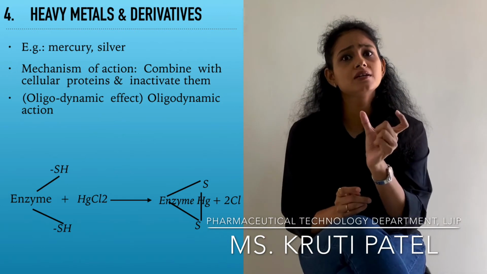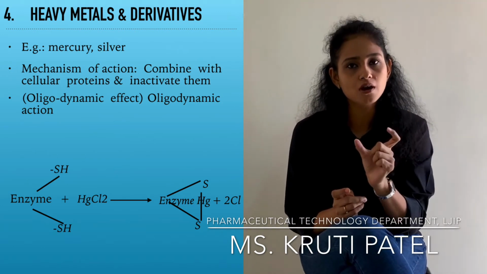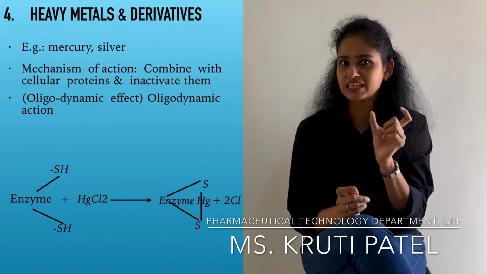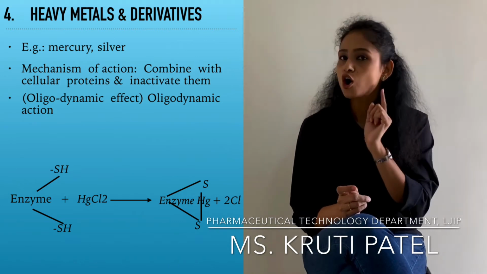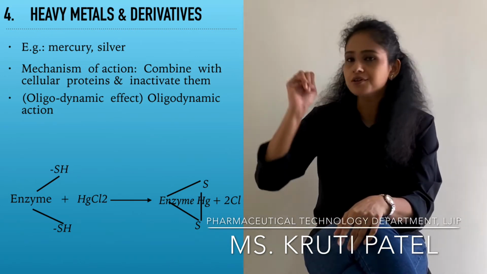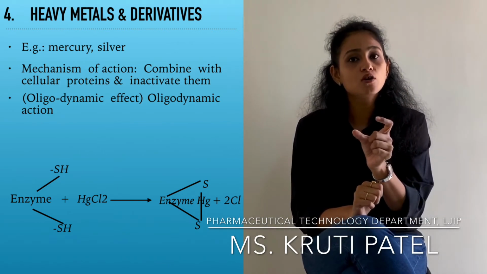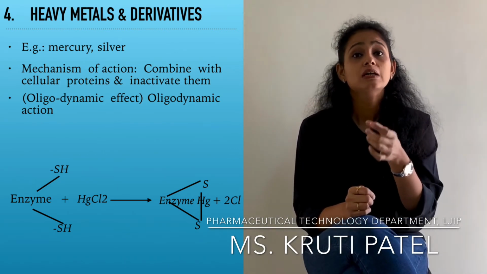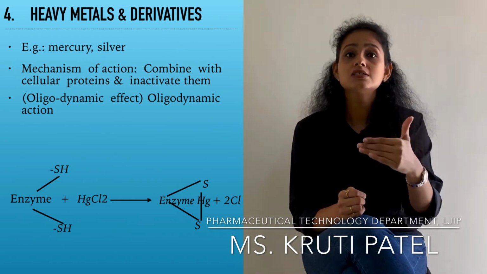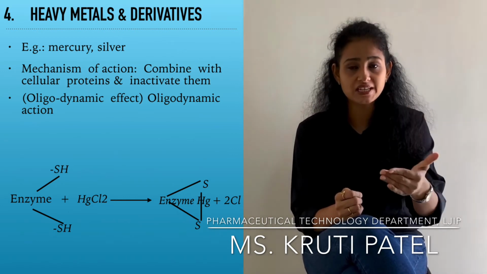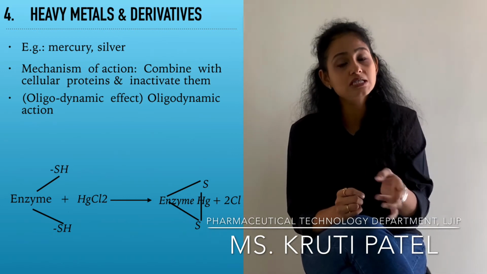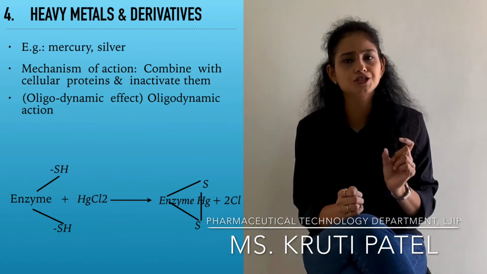Now these heavy metals kill microorganisms by a very specific action, and that action is known as the oligodynamic effect. I have written here oligodynamic effect. Oligo means small. These heavy metals have the potency of killing microorganisms even at very low concentration.